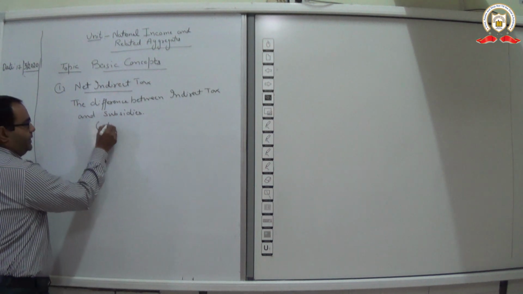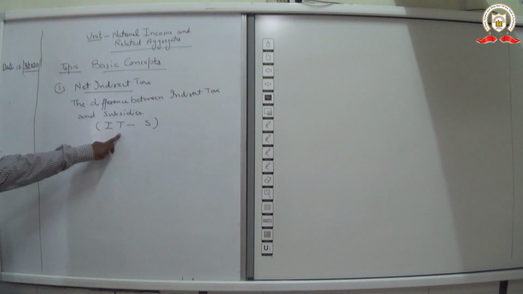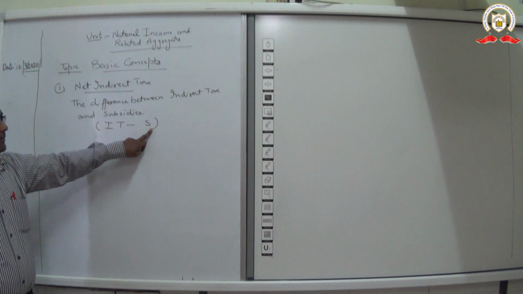In short form, we can write it like this: IT minus S. Here IT represents indirect tax and S represents subsidies.